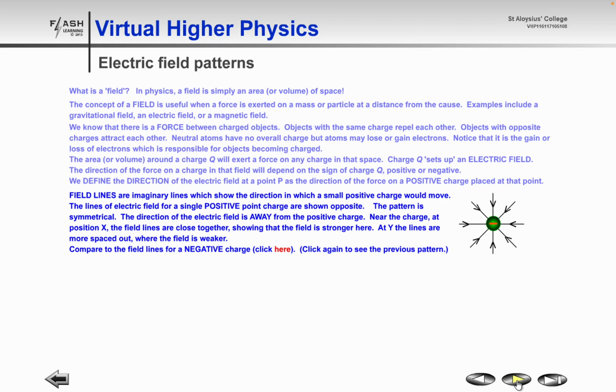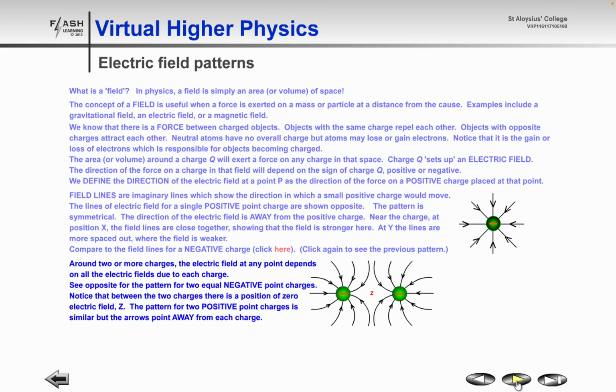A couple of field diagrams you need to know. So those radial ones for positive and negative. And we'll look at what happens when you have pairs of charges involved as well. If you had two negative charges, then a positive charge would be attracted to them both. So round about, to the far side of this one, it looks a bit like the positive charge one that I had a second ago.